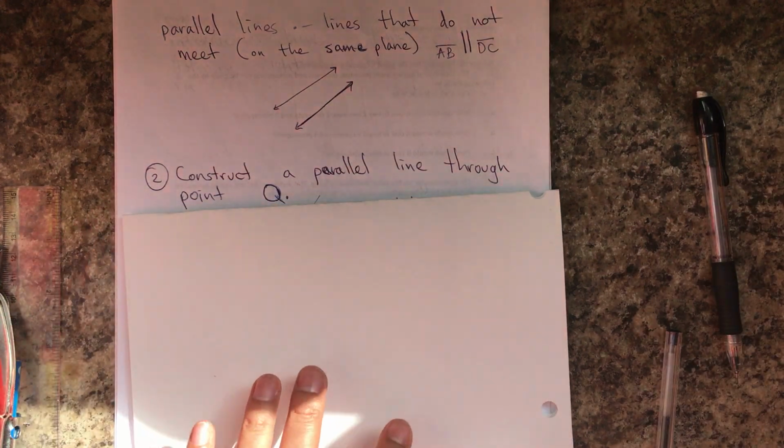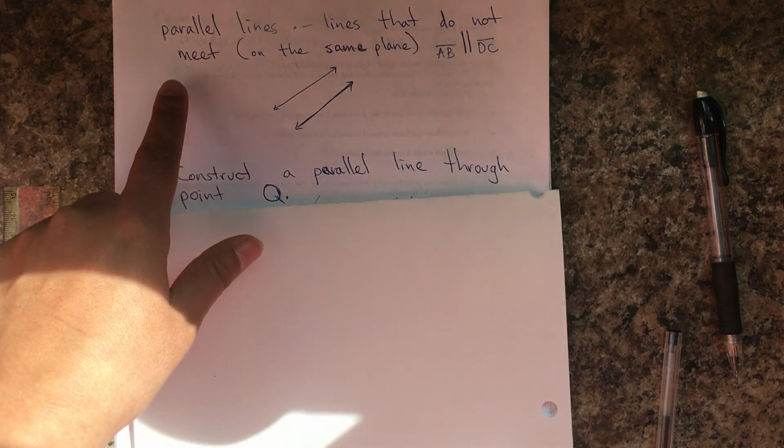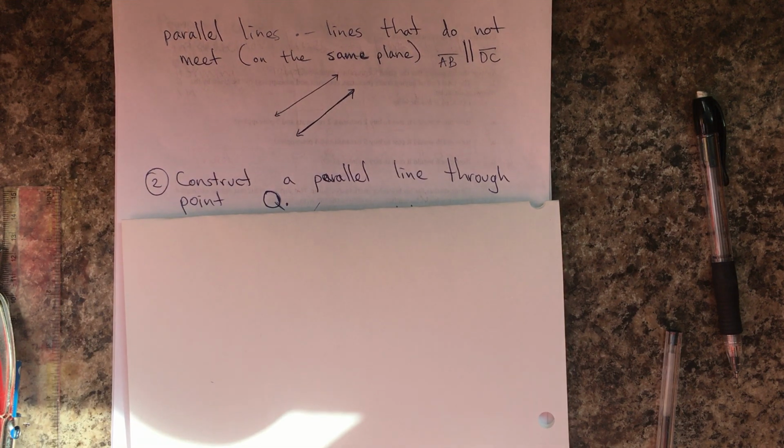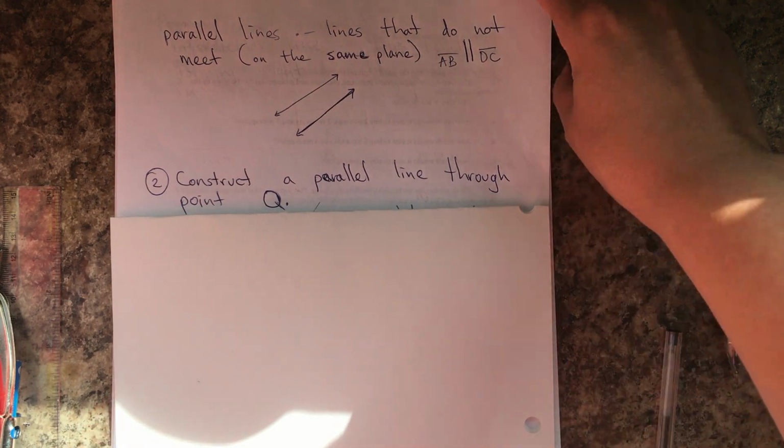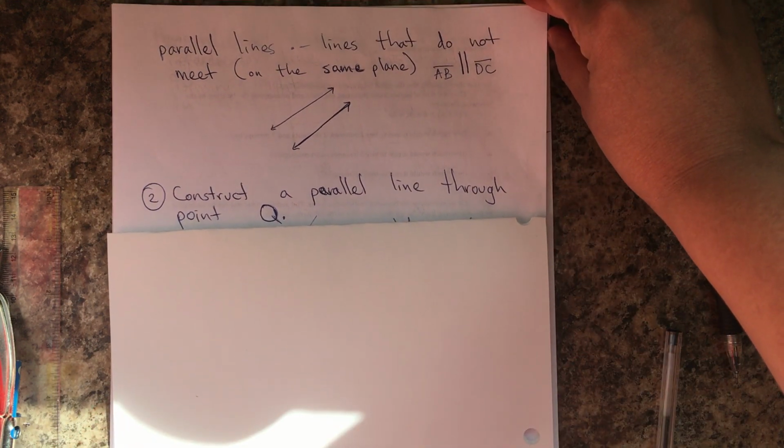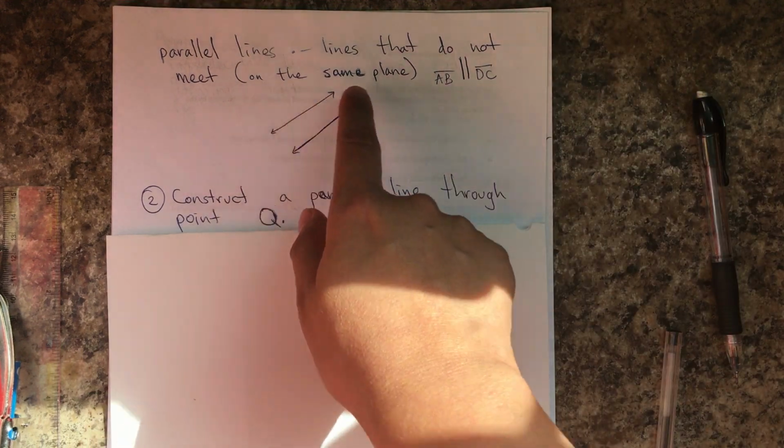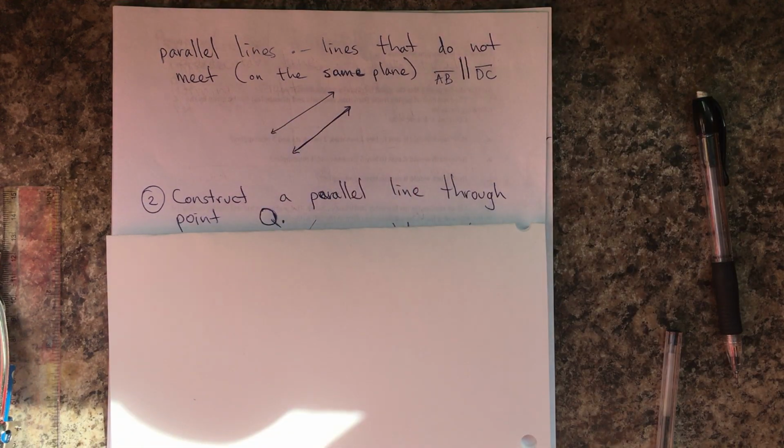Now we're going to draw parallel lines. Parallel lines are lines that do not meet, and they are on the same plane. Oh, and I forgot to share the symbol for the other one.